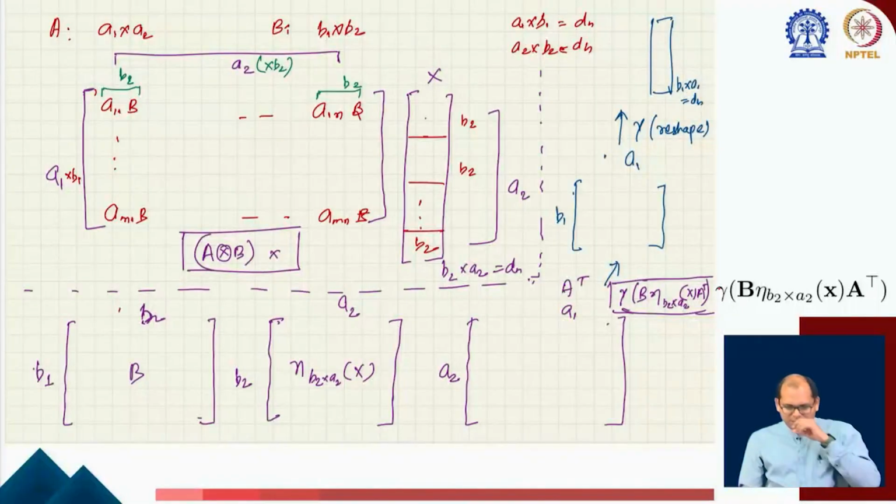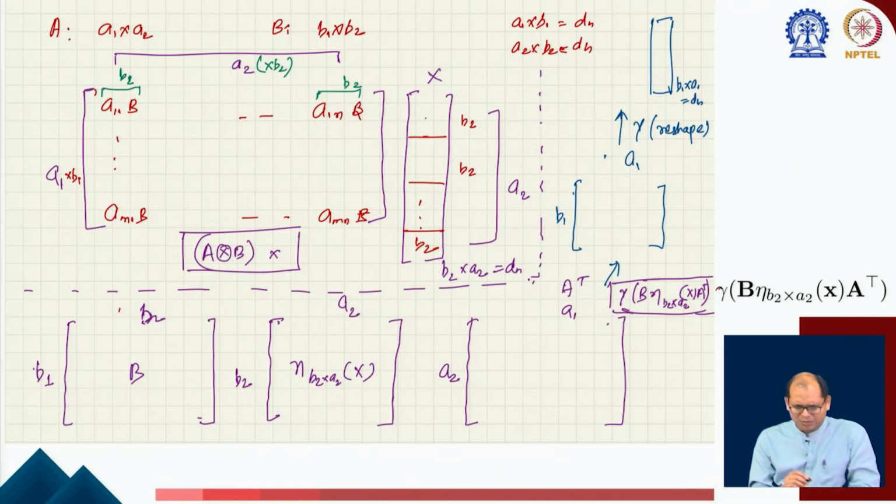To understand, let's see a particular scenario. This is your delta W matrix, and you are writing it as A Kronecker B, where A is A1 cross A2 and B is B1 cross B2. So you have A11 multiplied with the entire B matrix, which has B2 columns, and like that you go up to A1n.